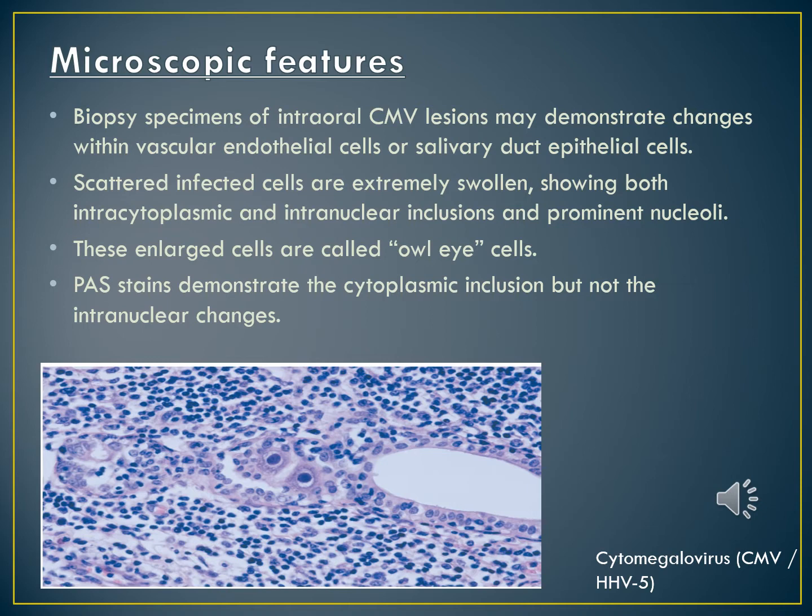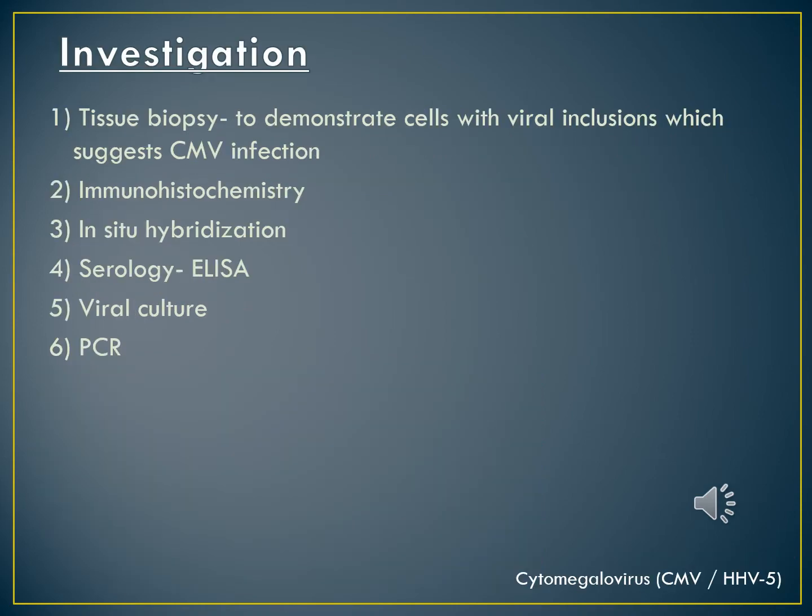PAS stains demonstrate the cytoplasmic inclusion but not the intranuclear changes. Investigation for CMV includes tissue biopsy to demonstrate cells with viral inclusions which suggest CMV infection, immunohistochemistry, in situ hybridization, serology, ELISA, viral culture, and polymerase chain reaction.